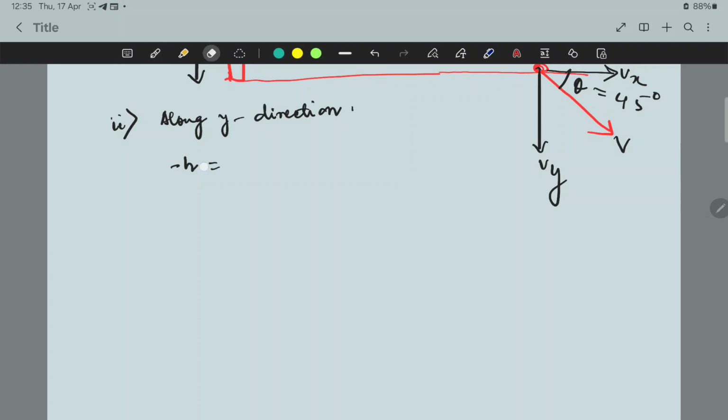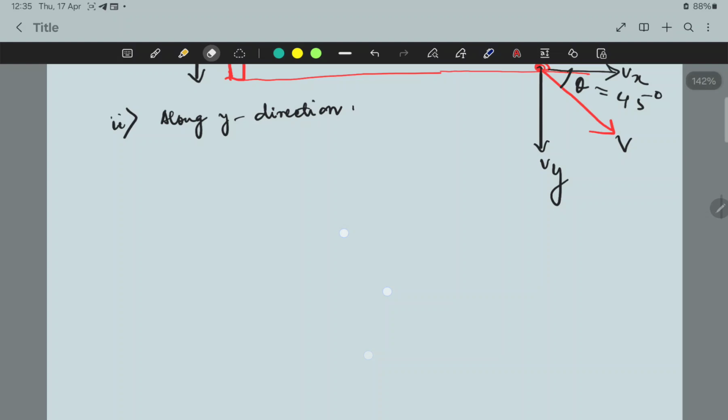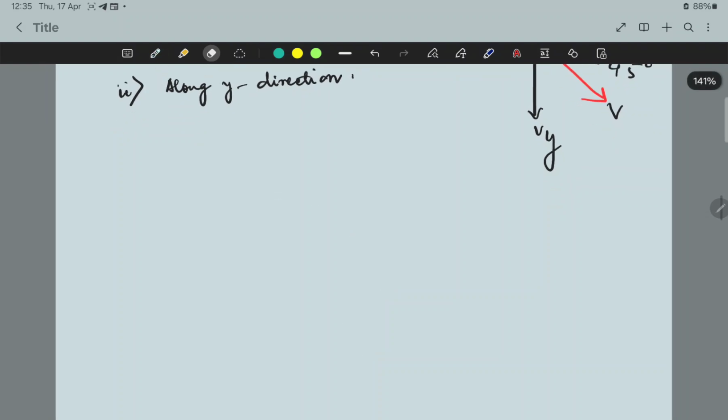Let's write the equation first in general form. So it will be y equals uy multiplied by the time, I am taking capital T, time of flight, plus half multiplied by the acceleration in the y direction multiplied by the time square.